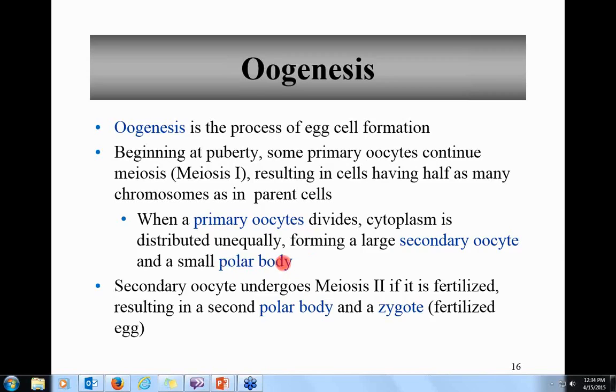This is genetic material, and this is reabsorbed by the woman's body. The secondary oocyte will undergo meiosis 2 only at fertilization. And it also creates a second polar body. And when fertilization is complete, you have the zygote, and the zygote is the fertilized egg.